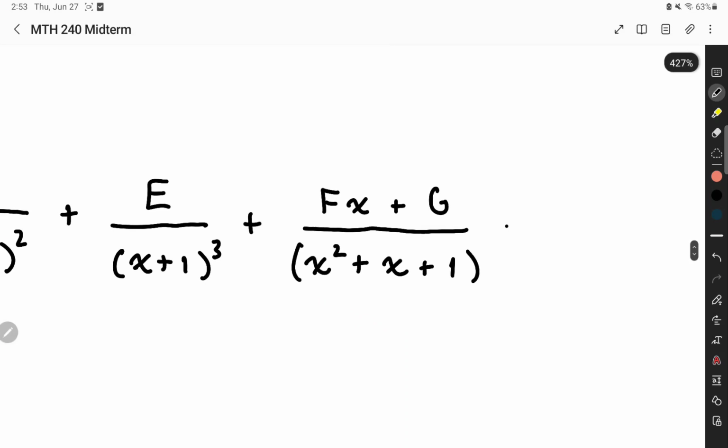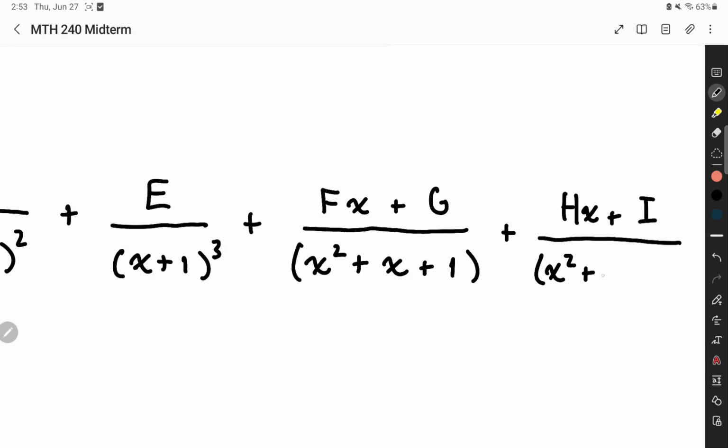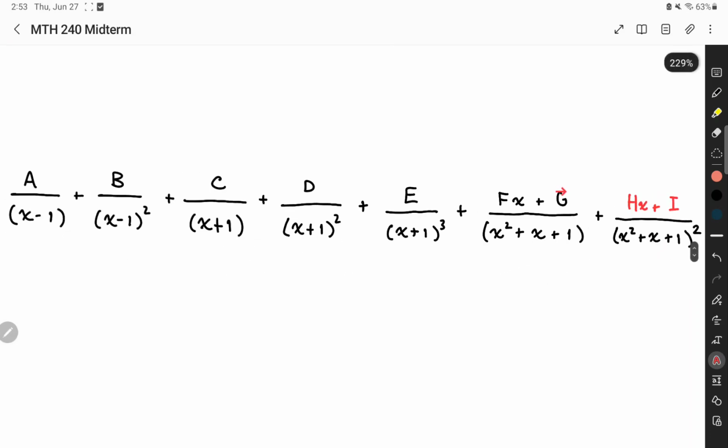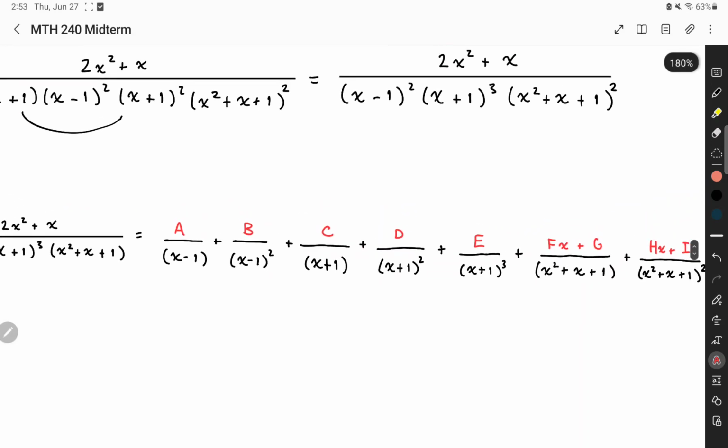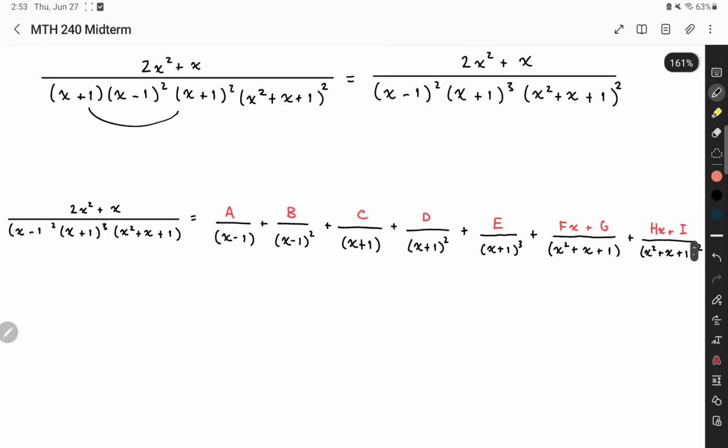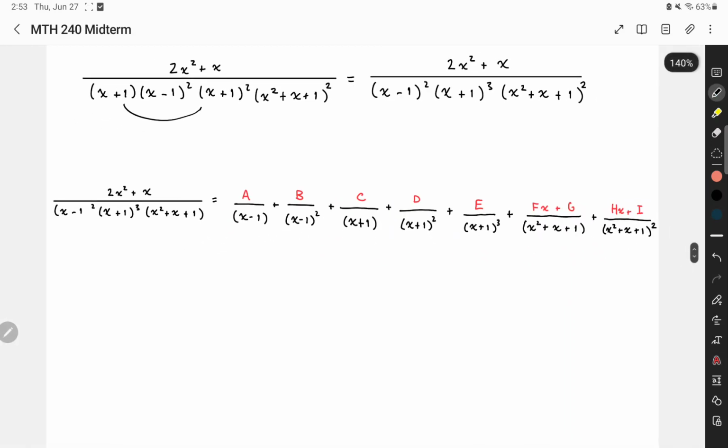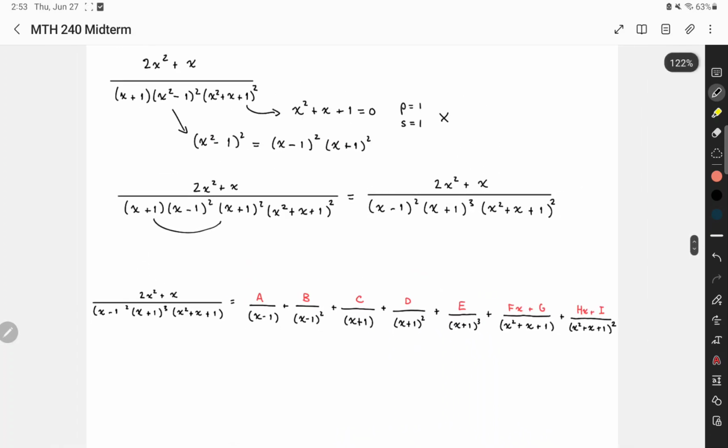And then finally, at last, Hx plus I over x squared plus x plus 1 squared. And so these up here are just constants that we can solve, and that would be the partial fraction decomposition of that function.